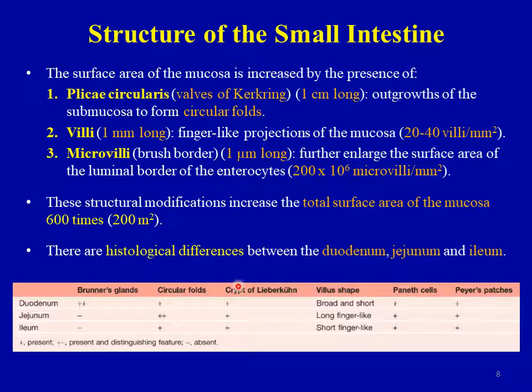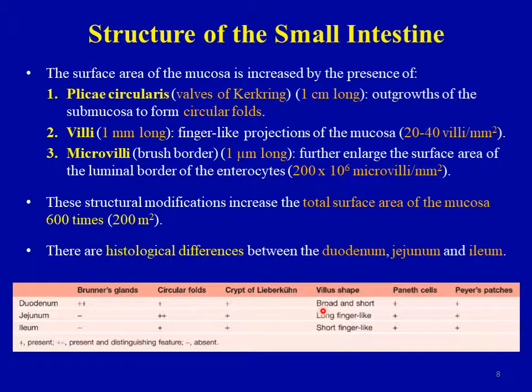The circular folds are very marked, or more extensive, in the jejunum, because the jejunum is the major site for absorption, so we need a larger surface area. All of them have the crypts of Lieberkühn, the small intestinal glands that we'll study in one of the coming slides, and they have some differences in the shape and height of the villi.